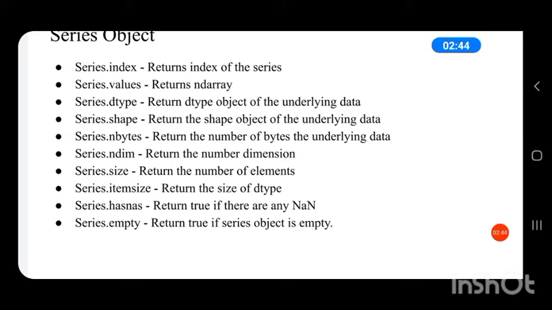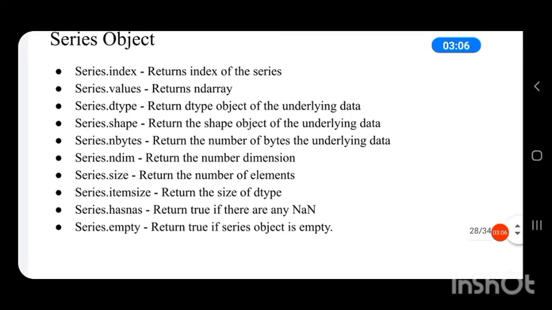Then series dot ndim returns the number of dimensions, that is, whether it is one dimensional, two dimensional or three dimensional. Then series dot size returns the number of elements present in the series.